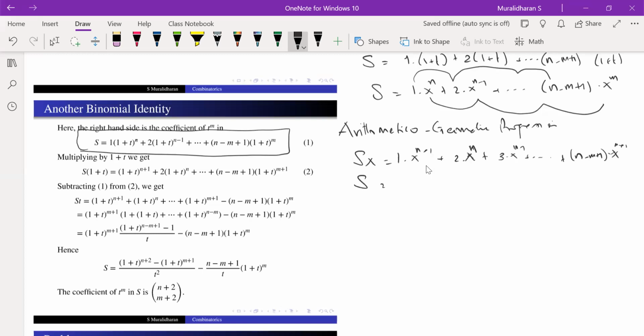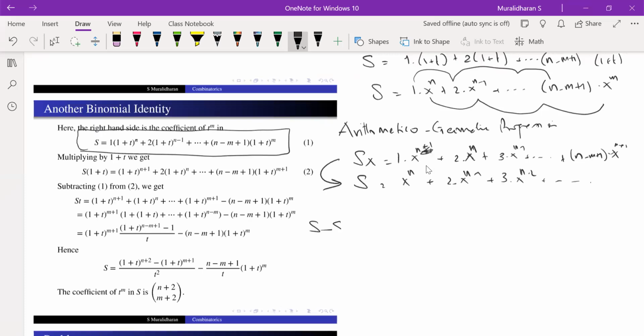My S is x power n plus 2 into x power n minus 1 plus 3 into x power n minus 2 and so on. So this is Sx. Okay. Now if I subtract that, what will I get?